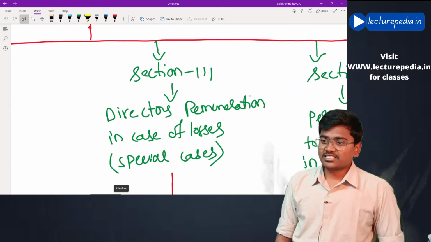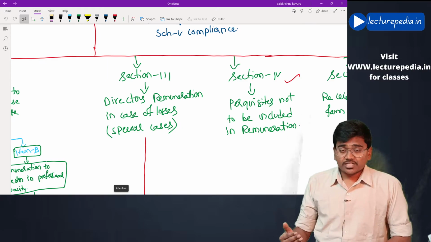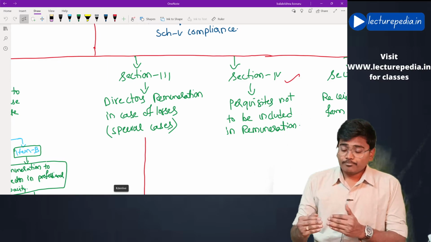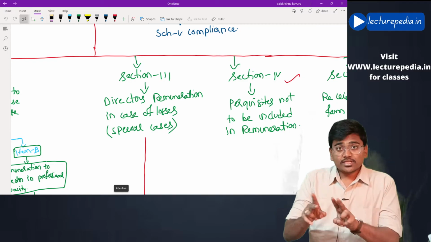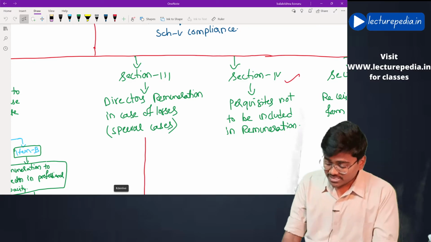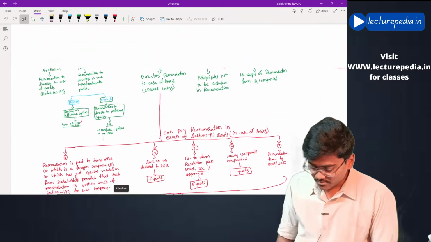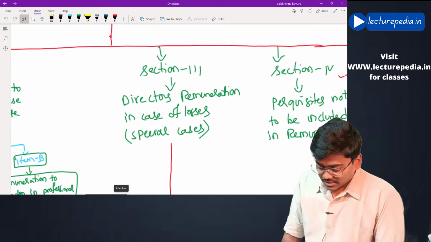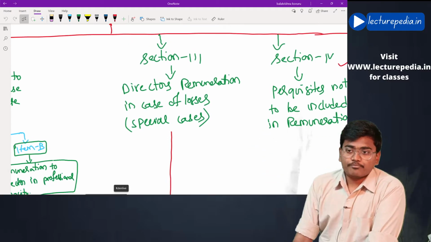Next, section 3. Section 3 deals with remuneration that can be paid by certain 5 special types of companies even though they are incurring losses, but subject to some additional conditions. That means, see, section 3 prescribes 5 types of companies.